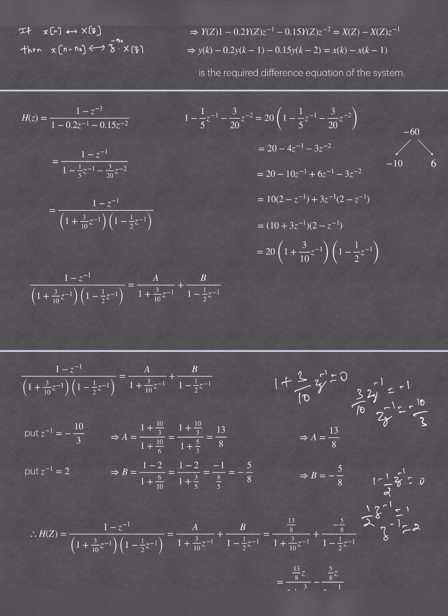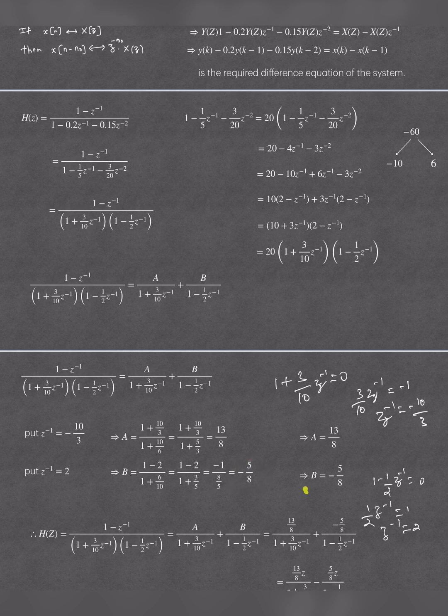Now I'm substituting z inverse equal to 2, but where should I substitute? If I substitute here, it becomes 0. So I will cover this and substitute in these two places, z inverse value to be 2 here, so here also 2. So you get 1 minus 2 by 1 plus 6 by 10, which is 1 minus 2 by 1 plus 3 by 5, which is equal to minus 1 by 8 by 5, which is minus 5 by 8.